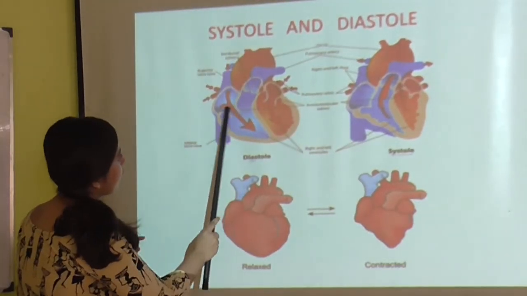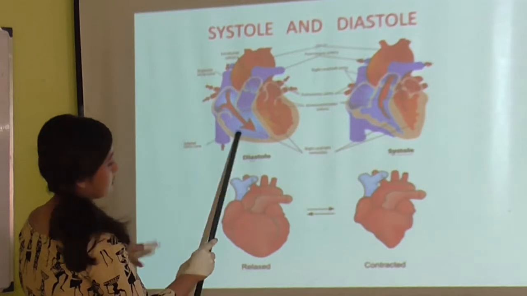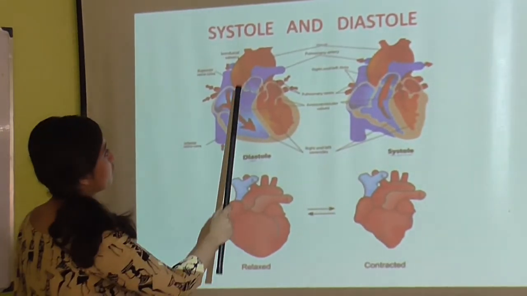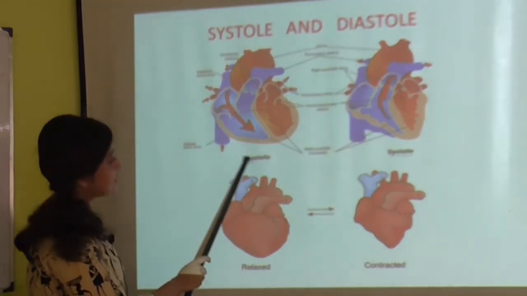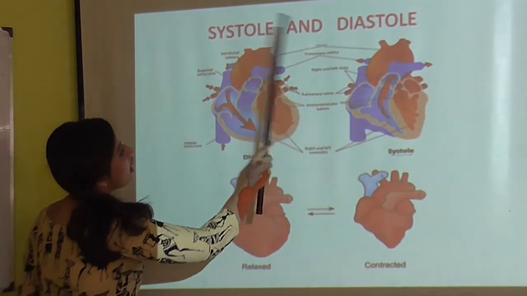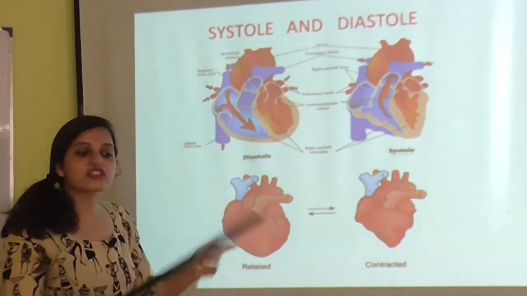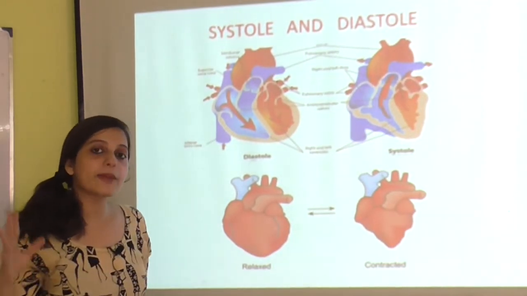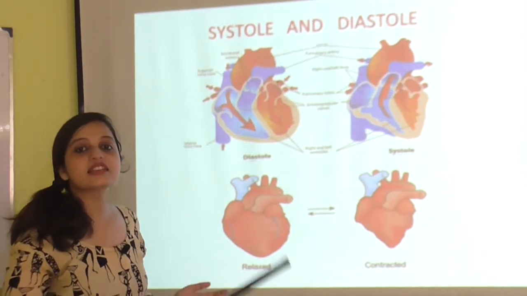And again, when this part is emptied, blood will gush in and occupy this empty place. And when the blood goes from this part to the pulmonary artery, again the blood will gush here. So no chambers are left empty. The work occurs constantly, continuously, systematically.